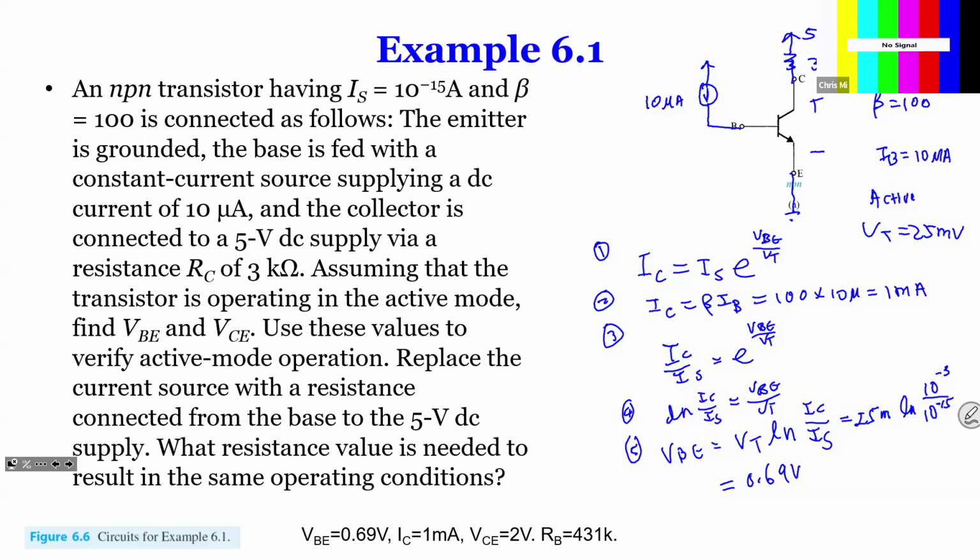So VCE is here. Now we found VBE. Of course, VCE is easy, because I'm going to redraw the circuit to make it easier. We know IC is given; we calculated IC, 1 milliamp.